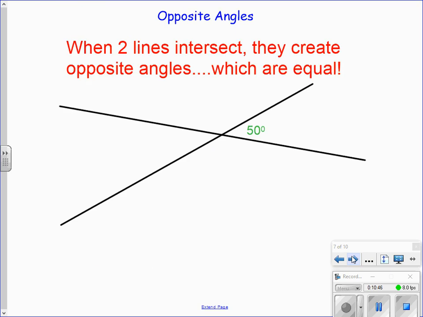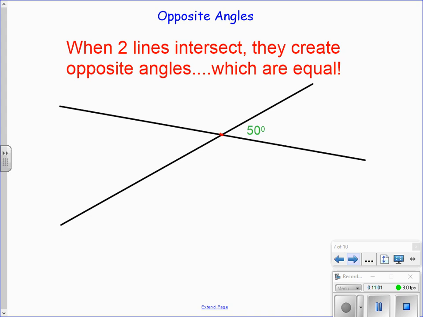Now, here's two straight lines that crisscross. They cross each other at this point right here. And they create some angles that you're going to be able to figure out.